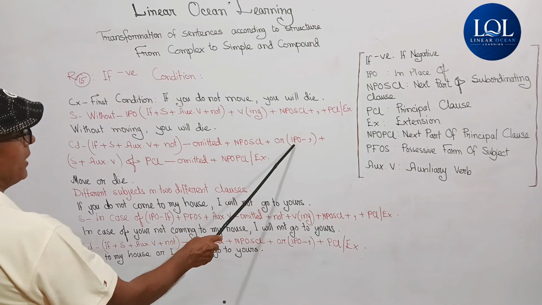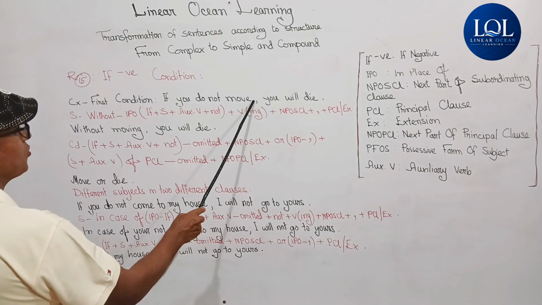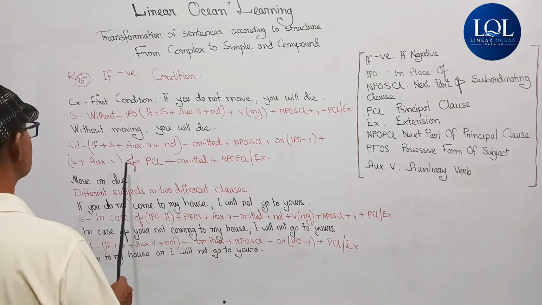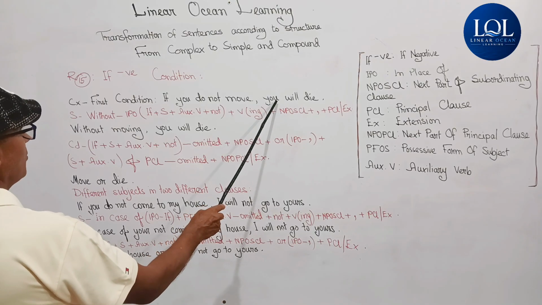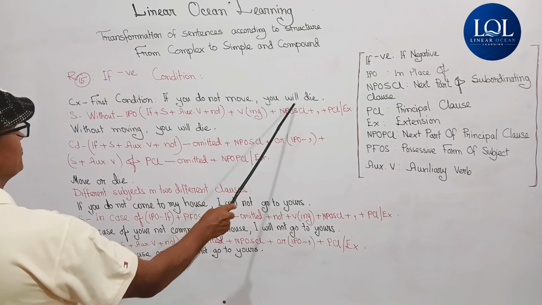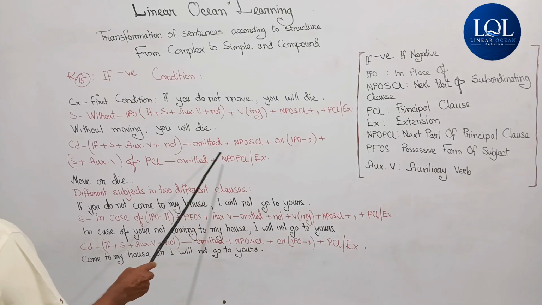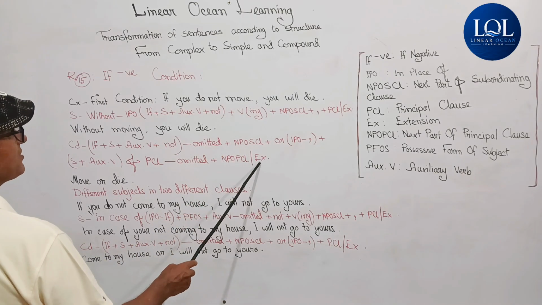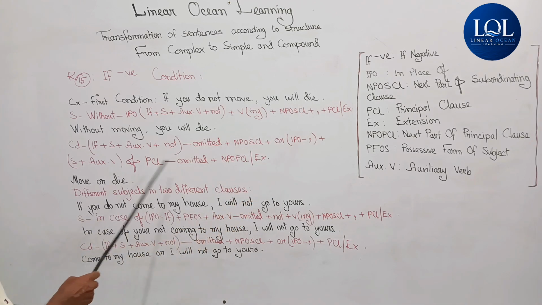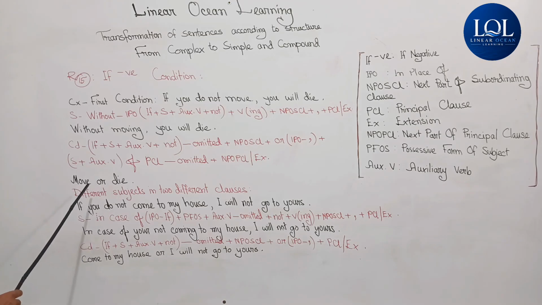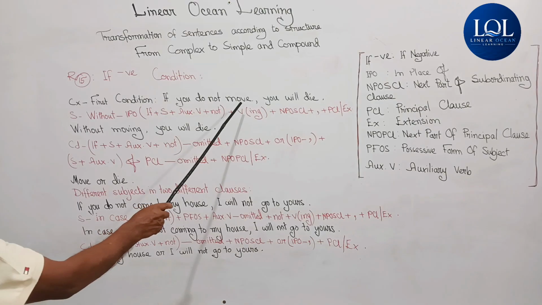IPO comma, that means in place of comma you have to write or, plus subject and auxiliary verb of principal clause to be omitted, plus next part of principal clause or extension. The next part of principal clause is die only. If we follow the structure, the compound sentence we are getting is, move or die. And its complex one is, if you do not move, you will die.